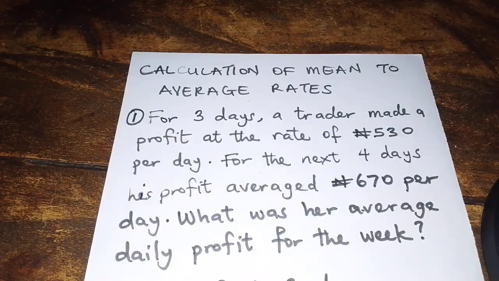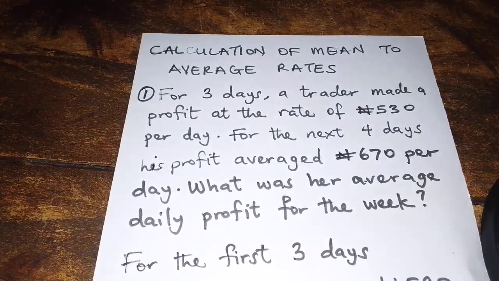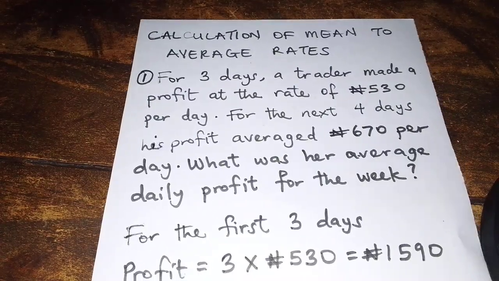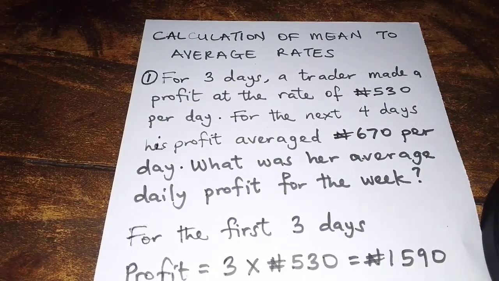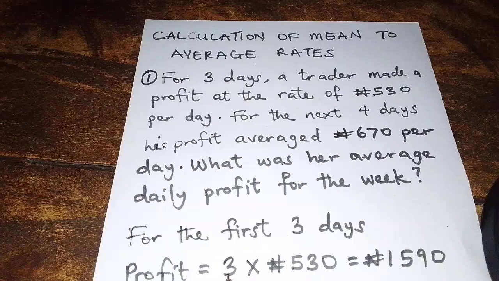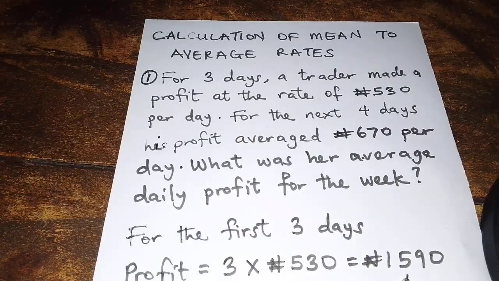For the first 3 days, the average is 530, so you multiply that by 3 to get the total profit he made in the first 3 days, which is 1,590.